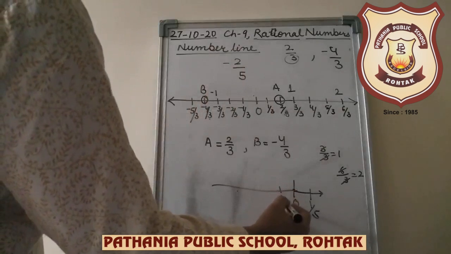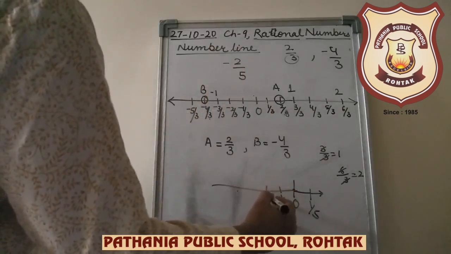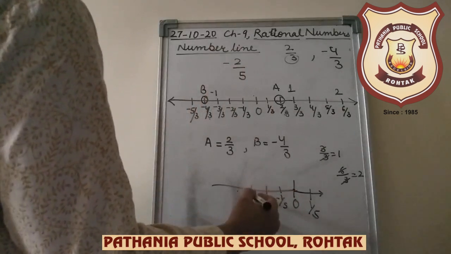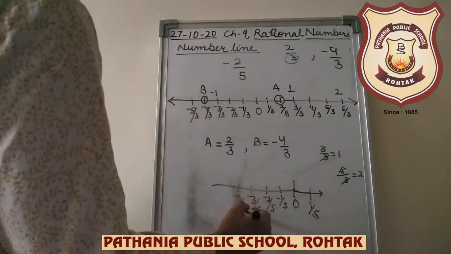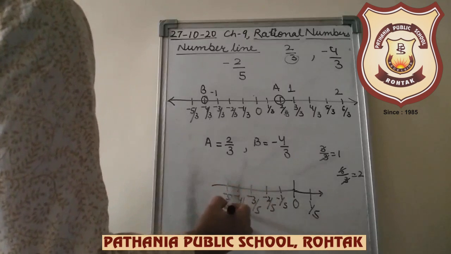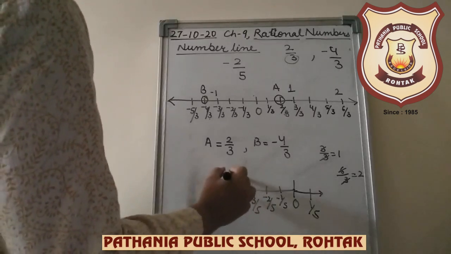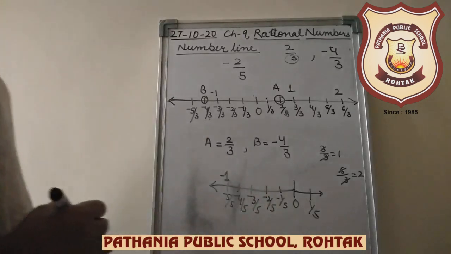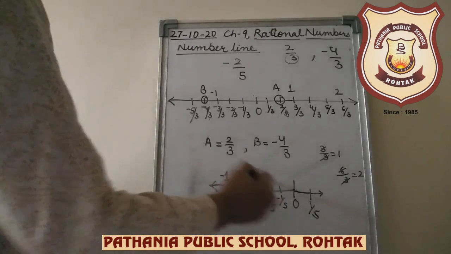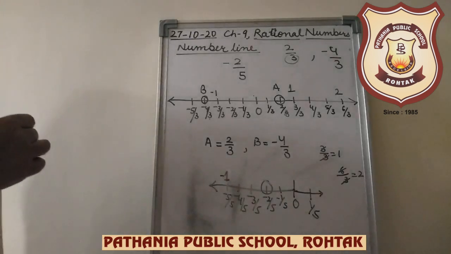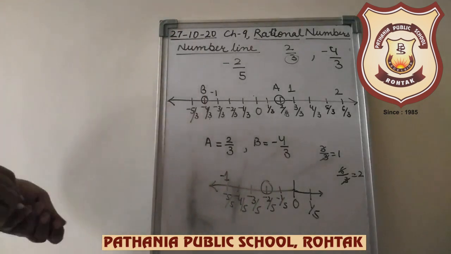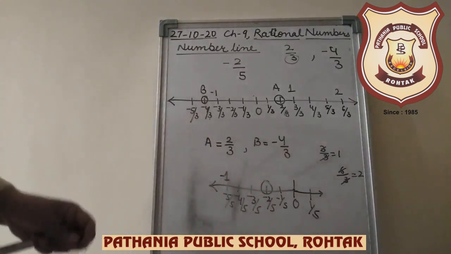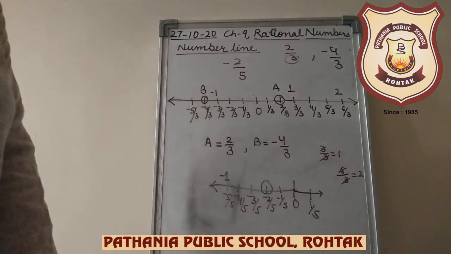So minus 1 upon 5, minus 2 upon 5, minus 3 upon 5, minus 4 upon 5, minus 5 upon 5, and this is your minus 1. So here minus 2 upon 5 will lie. So in this manner you are going to represent the rational numbers on the number line.